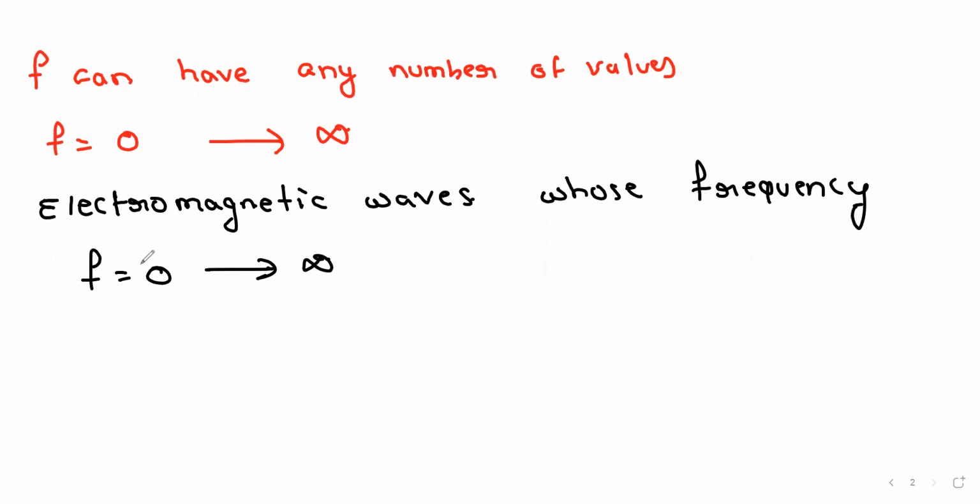So we have so many electromagnetic waves with different frequencies. All these electromagnetic waves combined are called the electromagnetic spectrum.